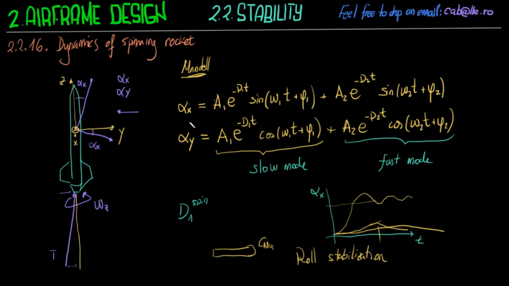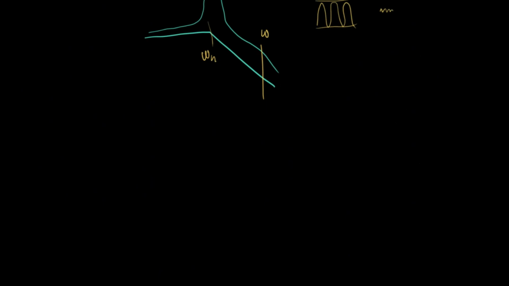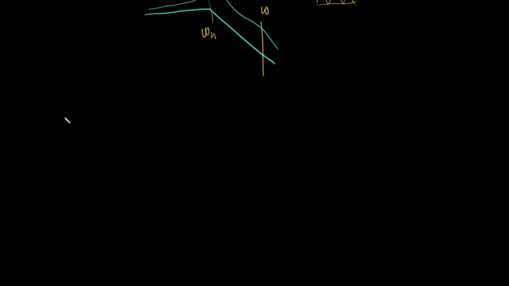I'm not going to show you the derivation. I did it once, and trust me, I never ever want to do it again. Thank you, Mandel, for doing this. Yeah, trust me, you don't want me to do it either, because I'd give you another one-hour video. So okay, here it is.